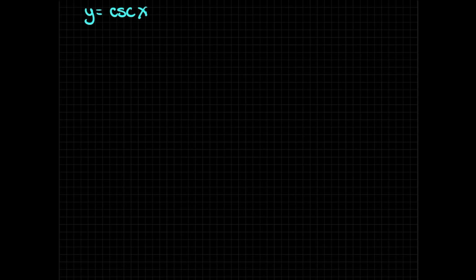Now let's look at y equals cosecant x. Again, we're going to use our reciprocal rule that tells me that cosecant x is equal to 1 over sine x. And I'm going to write that as to the power of -1. So we're going to rewrite this as sine of x to the -1.